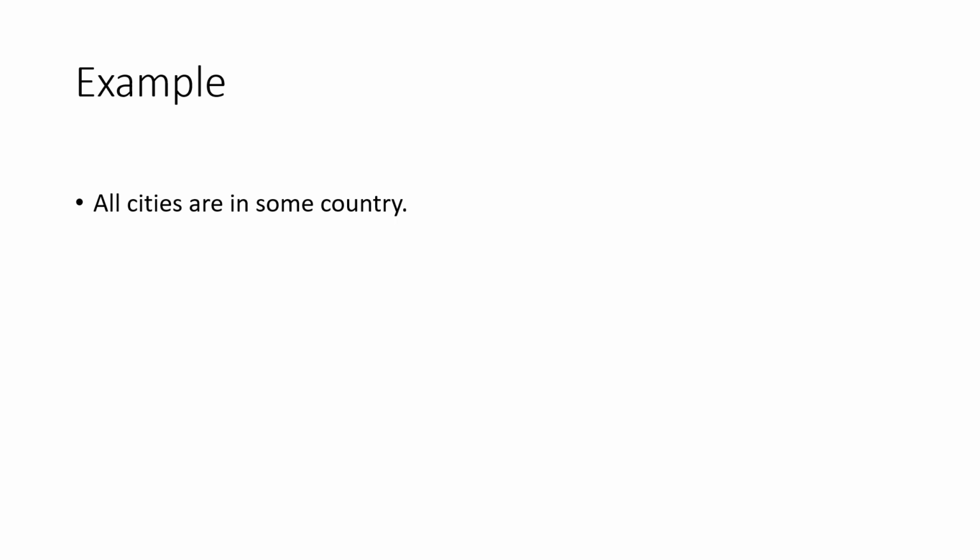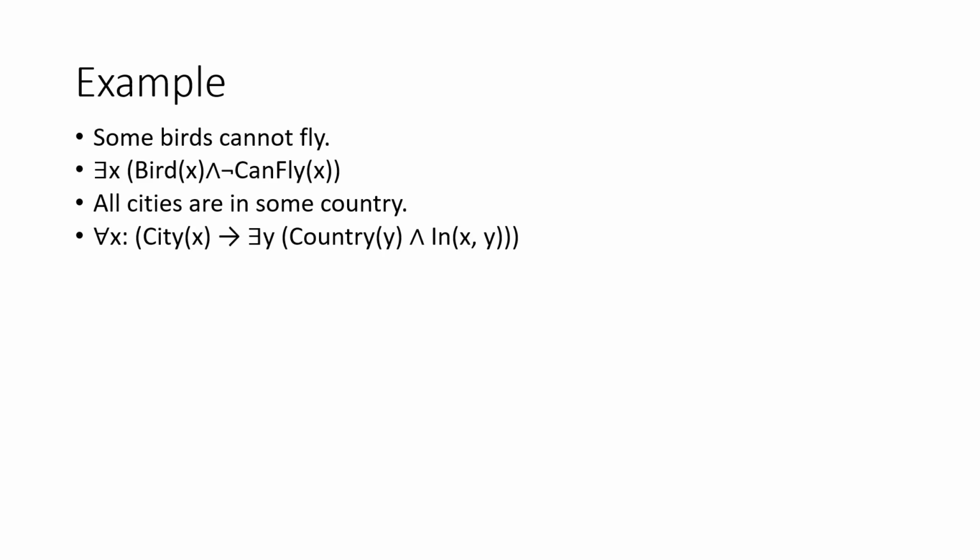All cities are in some country. For representing all, we have the universal quantifier. For all x, city of x implies some country. Some country means existential quantifier. So we have some y, then y is a country and in x comma y.